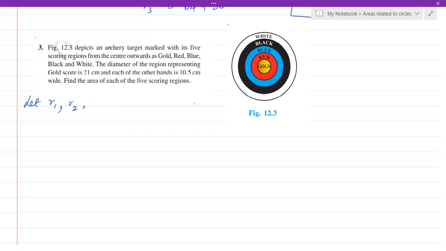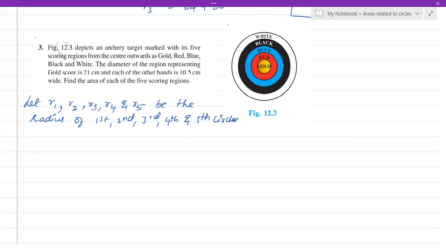Let R1, R2, R3, R4 and R5 be the radii of the first, second, third, fourth and fifth circles respectively. That is, the first circle radius is R1, the second circle radius is R2, and so on.